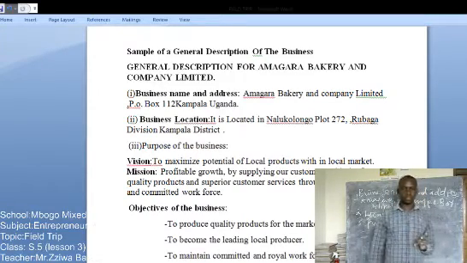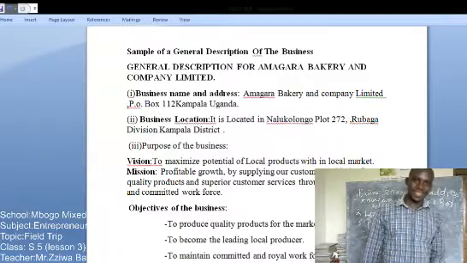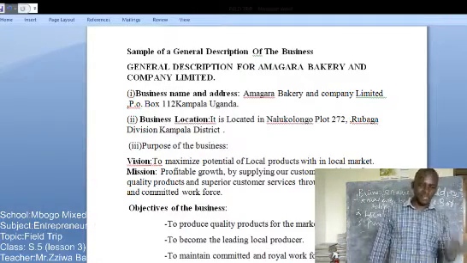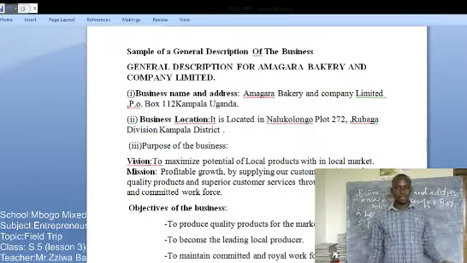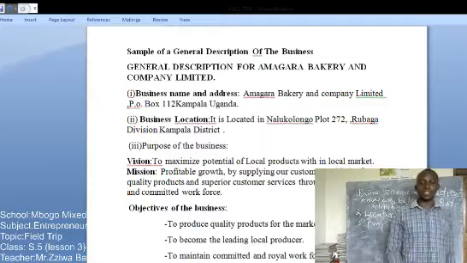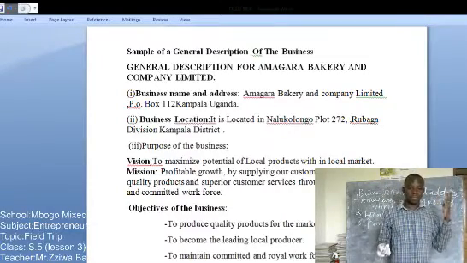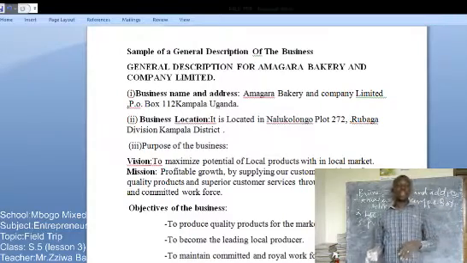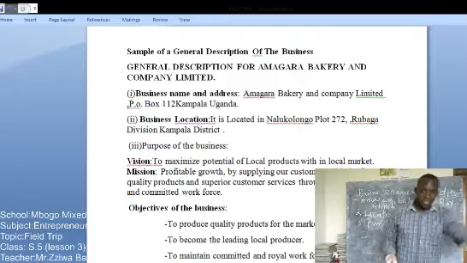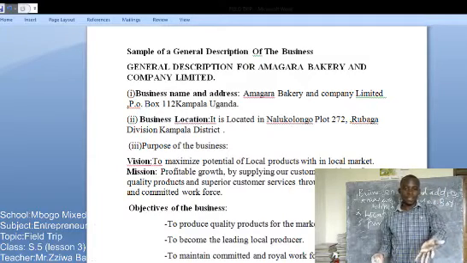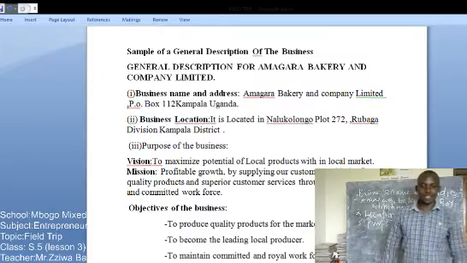Businesses have different visions depending on the business visited. For example, to maximize potential of local products within the local market. That is a vision. Somebody can even put to be the leading supplier of bread, since it is a bakery, to be the leading supplier of bread in Kampala district.